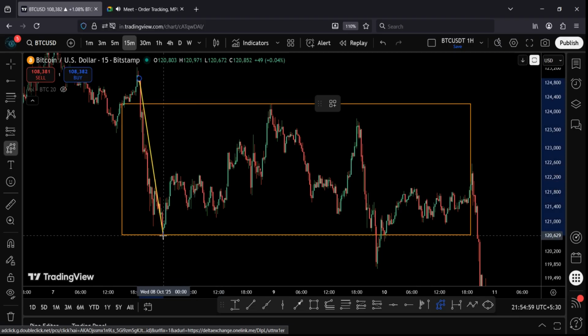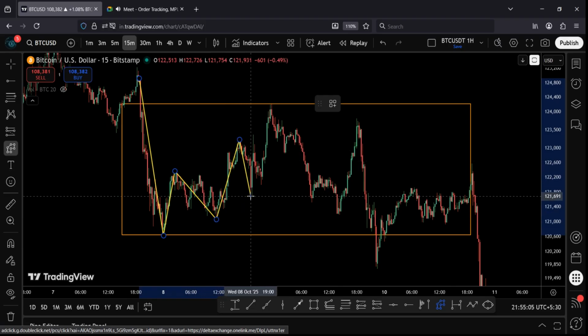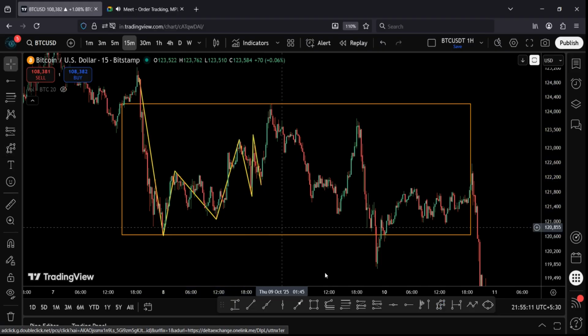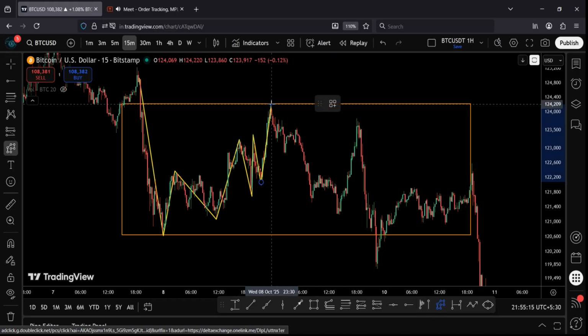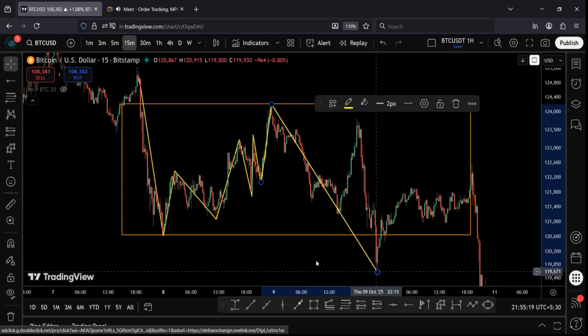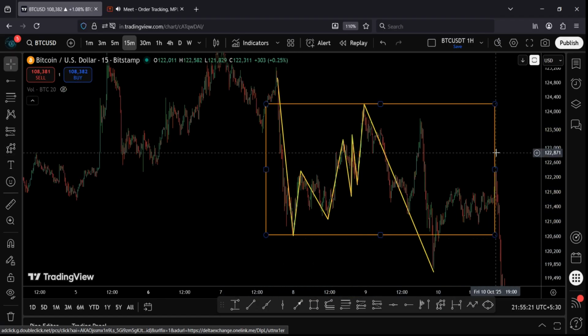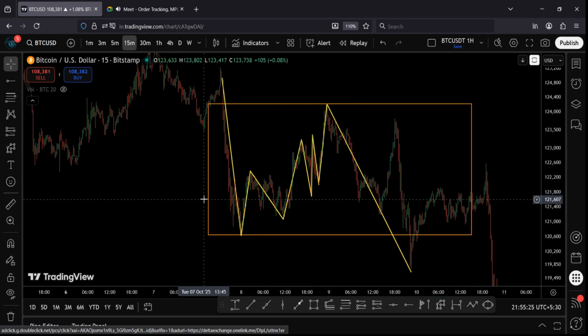Price coming down, pulling back, this one, pulling back, this one, pulling back, this one, right? And then taking out, coming down, right?